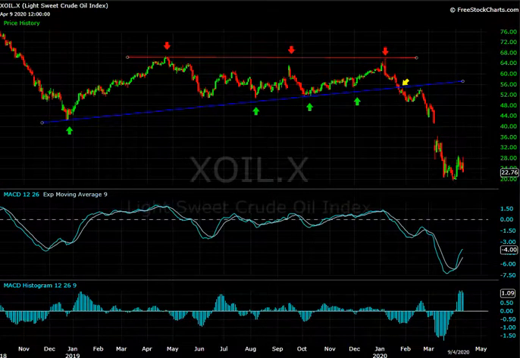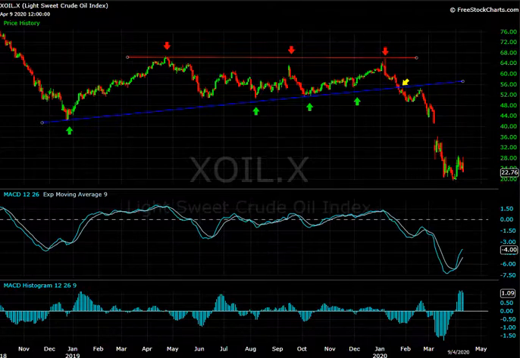Now that we have understood how support and resistance works, let's see how we can use it to trade. Here is the chart of crude oil. Here the price has been encapsulated within a horizontal resistance as well as a diagonal support.